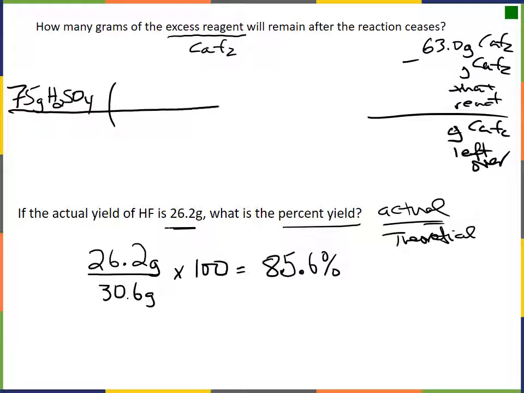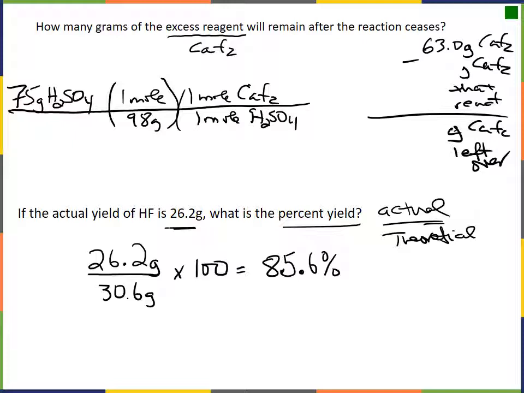And straight through the same process we've done before, 1 mole for every 98 grams. We have 1 mole of calcium fluoride for every 1 mole of sulfuric acid. Always go back to the balanced equation for the mole ratio. Multiply by the molar mass of calcium fluoride, 78.1 grams of calcium fluoride per mole, and that is going to give us a total here of 59.8.